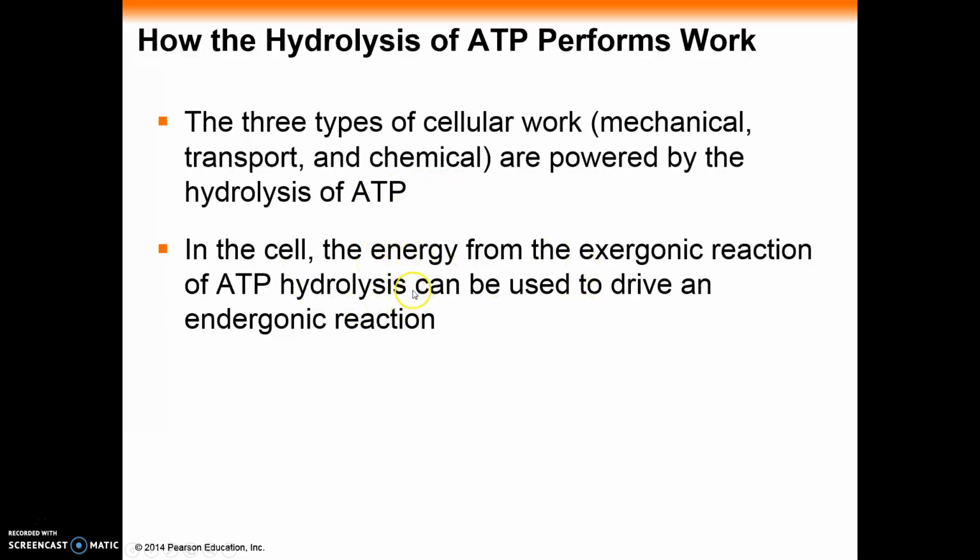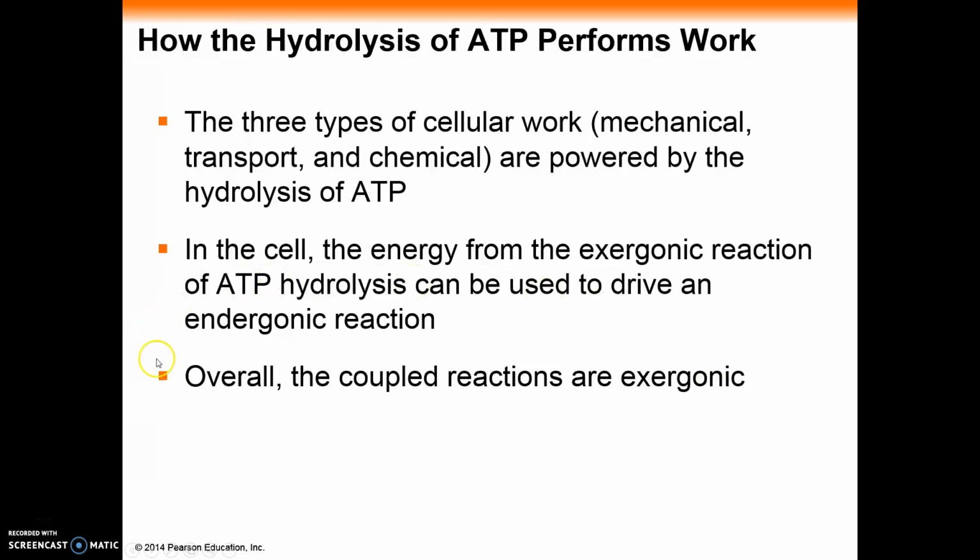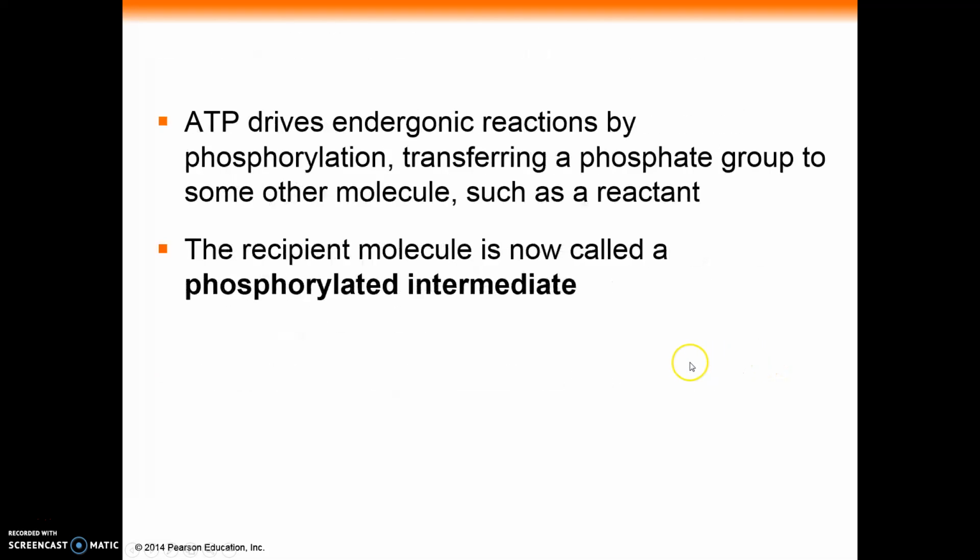In the cell, the energy from this exergonic reaction, this ATP hydrolysis, can be coupled to an endergonic reaction, something that requires energy. Overall, the coupled reactions are still exergonic, right? So ATP drives these reactions, usually does so by phosphorylation.